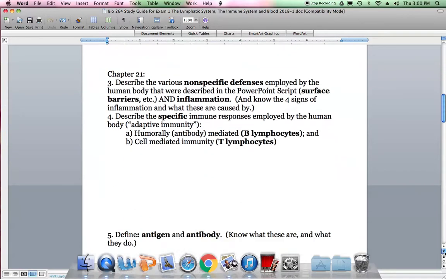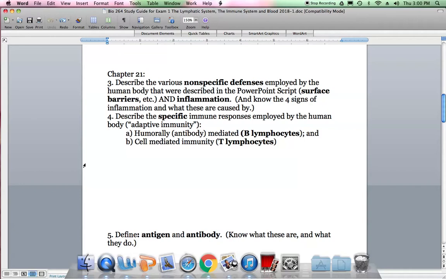Okay, the third objective. Now we're on chapter 21, and this is really a discussion of immunity, our protection against disease or against pathogens entering the body. Also against cancer cells. They have found out that a healthy immune system will destroy cancer cells before they get a chance to multiply.